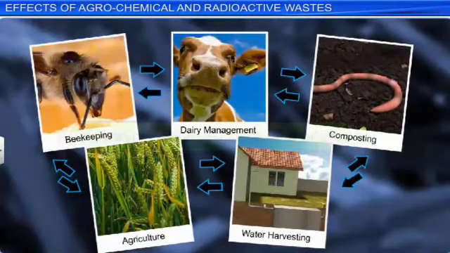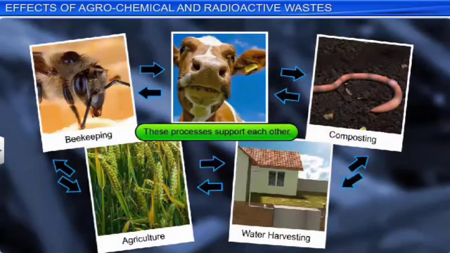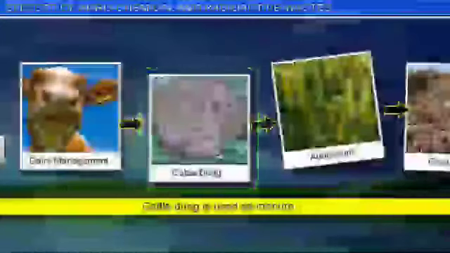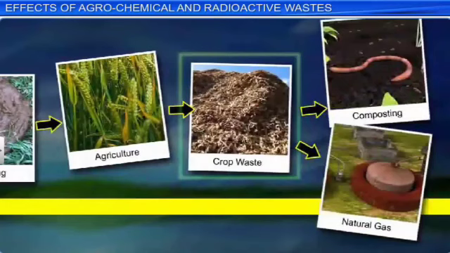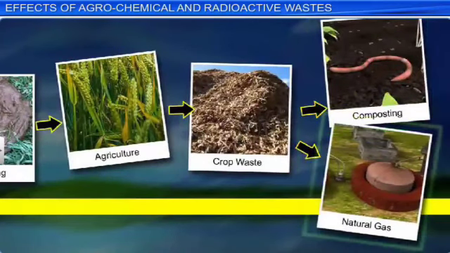These processes support each other and form an economical and sustainable venture. He used cattle dung as manure, while crop waste was used to create compost and generate natural gas.